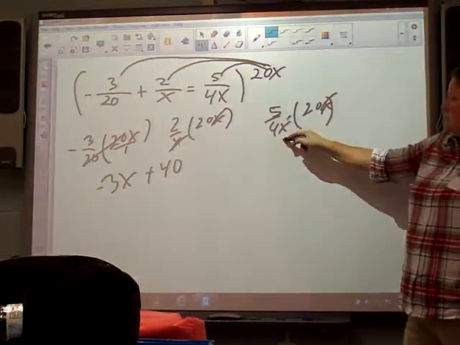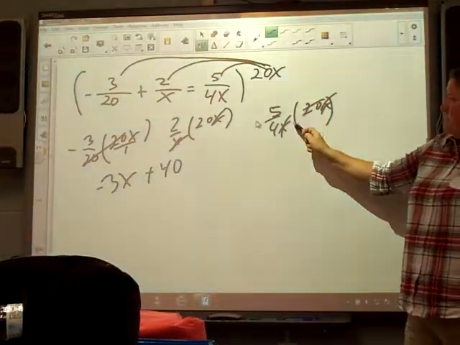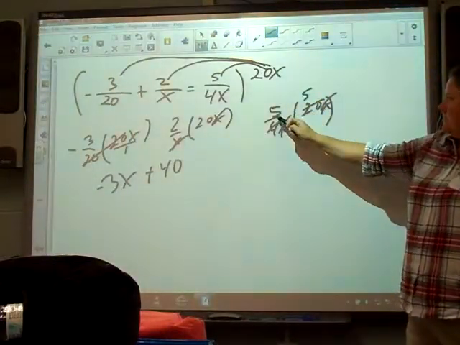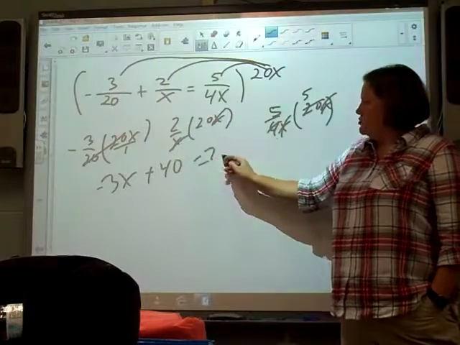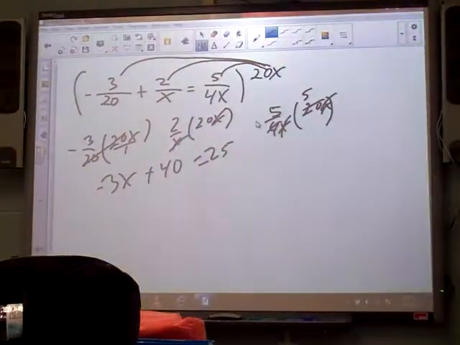The x's will cancel. 20 over 4 reduces to 5. 5 times 5 is 25. So now what started out looking suspicious is a normal old 2-step middle school equation. What would step 1 be there, the negative 3x plus 40? What would we do first?